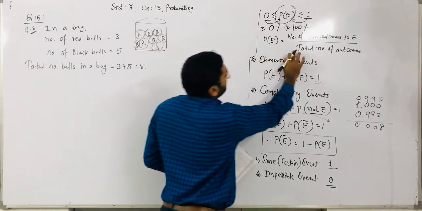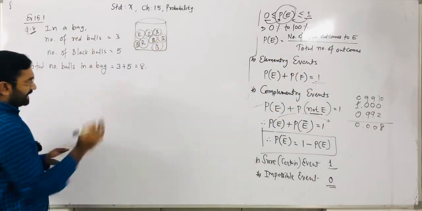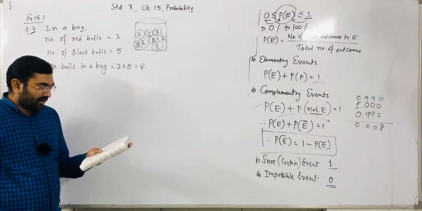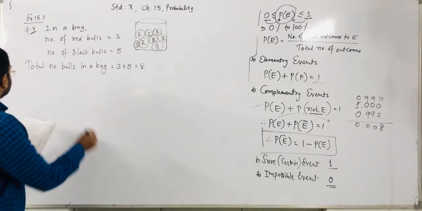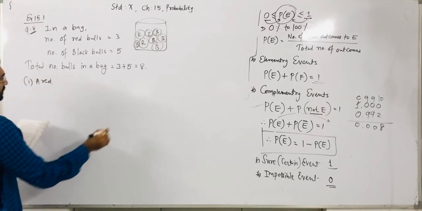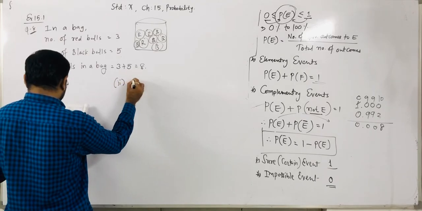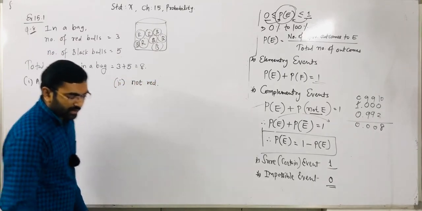In probability, the total number of outcomes for this experiment is 8 balls, right? Now they say a ball is drawn. The first question is to find the probability of a red ball, and the second question is to find the probability of not red.